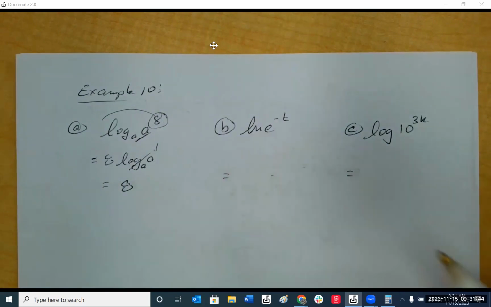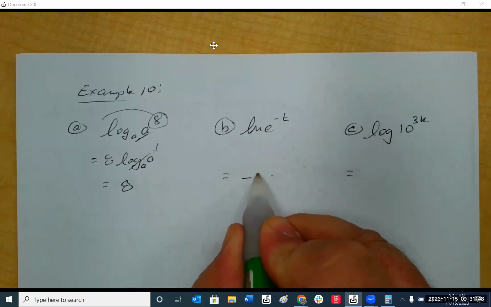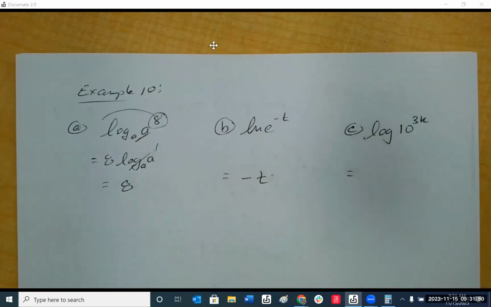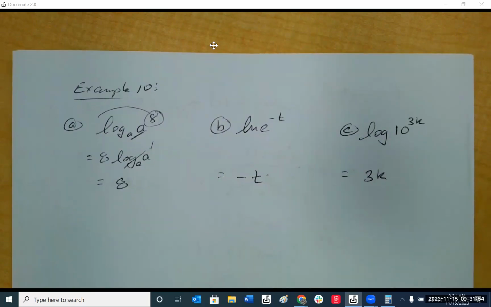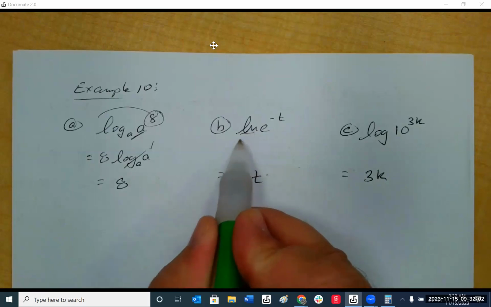How about this one? Why is this one negative t? What is ln?